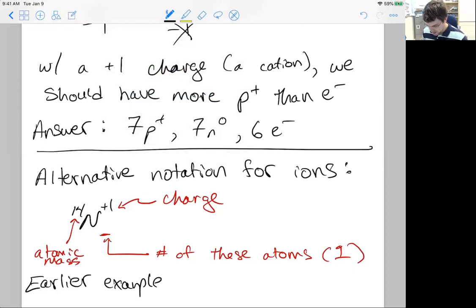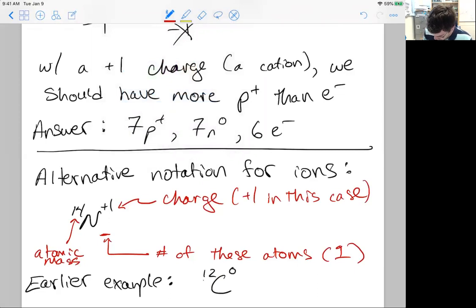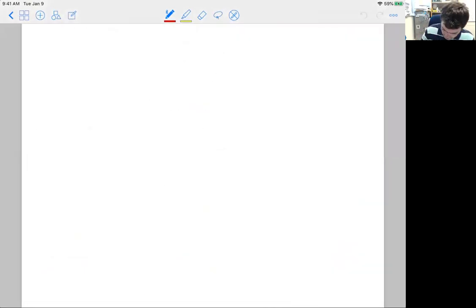So we put the charge up and to the right, and the atomic mass up and to the left. In our earlier example with a neutral element, we would have carbon 12 up and to the left, 0 up and to the right. Just to be crystal clear, we have an atomic mass of 12 and a charge of 0.